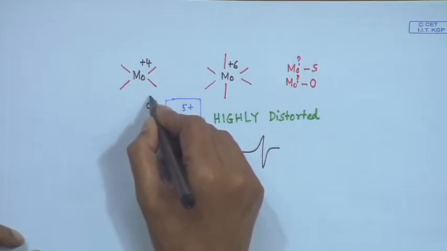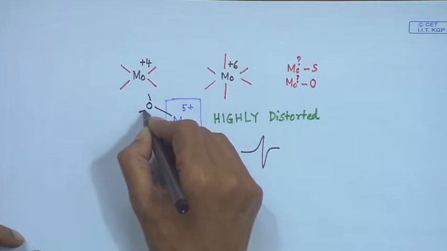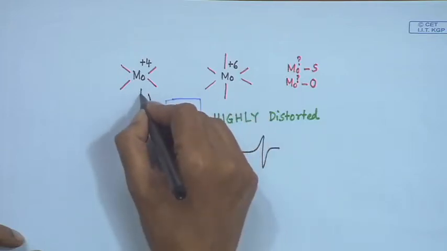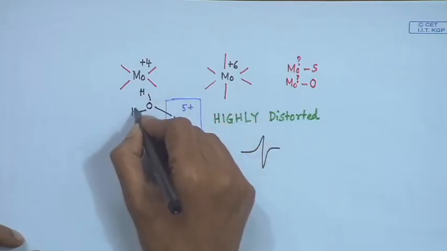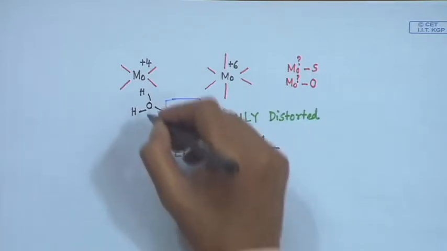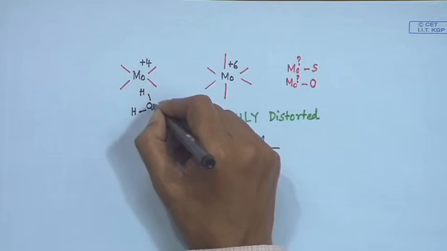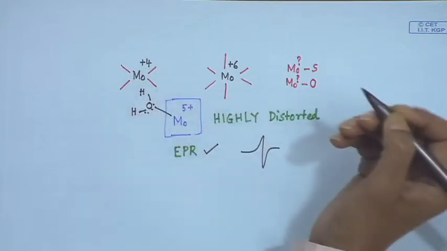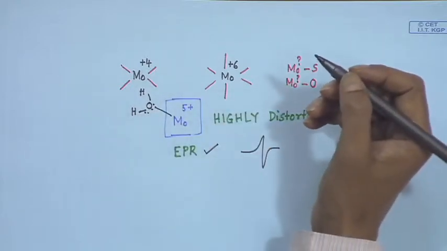Since everything we are talking about is in the protein environment, an aqueous environment, water molecules are there. So, all these water molecules have lone pairs of electrons, 2 and 2, 4 lone pairs.